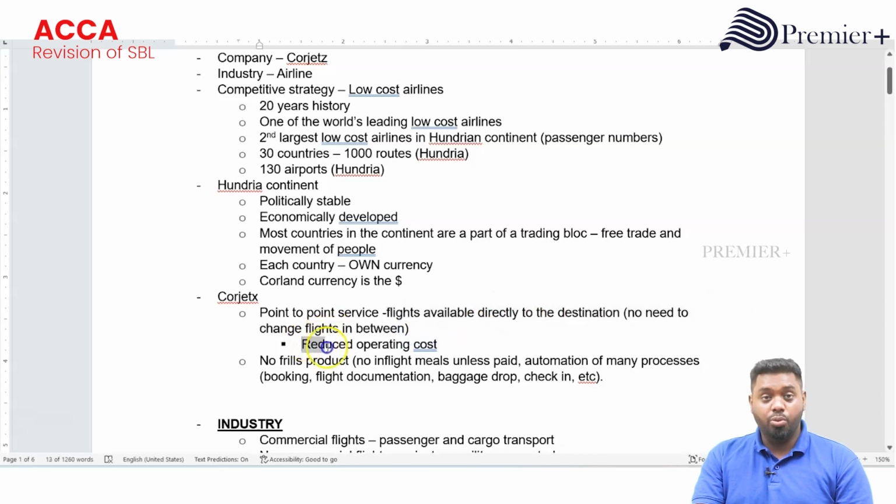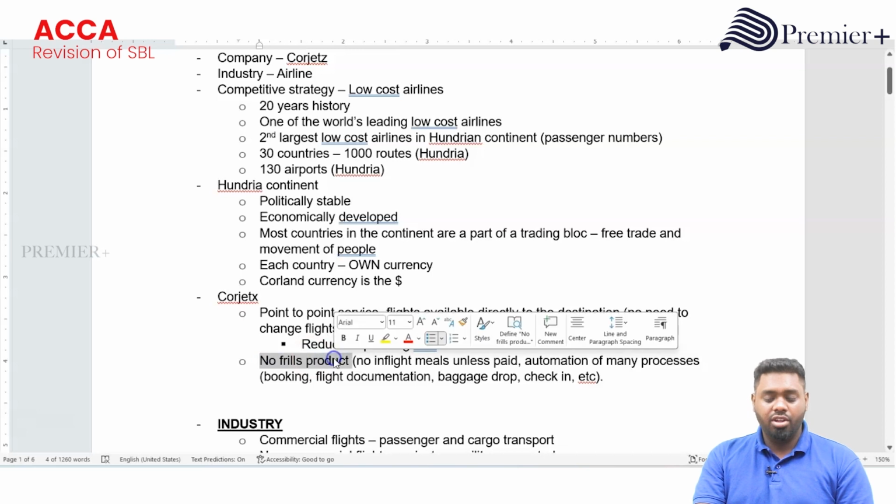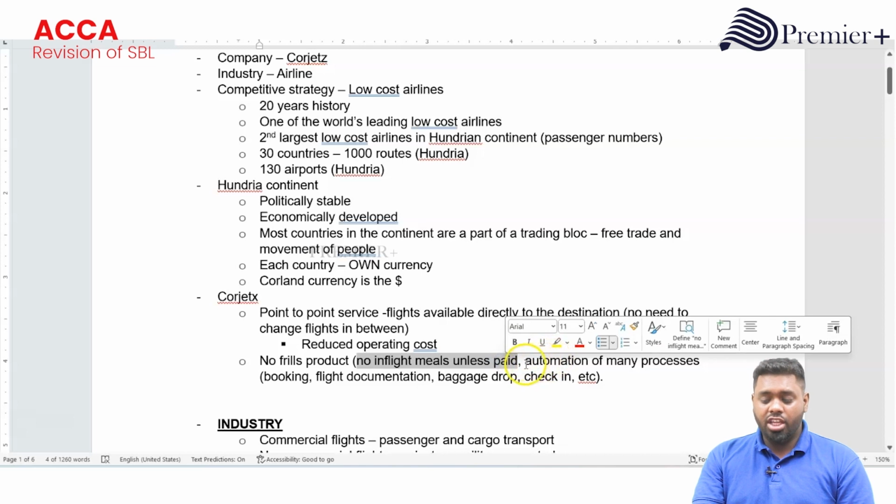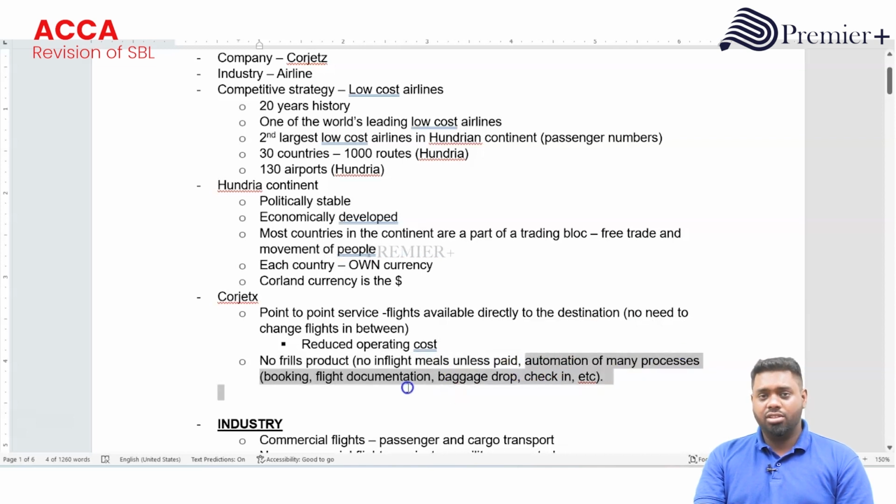This has also reduced the operating cost, and since Courgette want to provide a low-cost airline, they are also pursuing a no-frills product where they do not provide in-flight meals for passengers, but passengers, if needed, can pay for meals and purchase separately. So they do not provide in-flight meals for free, and they have automated many processes.